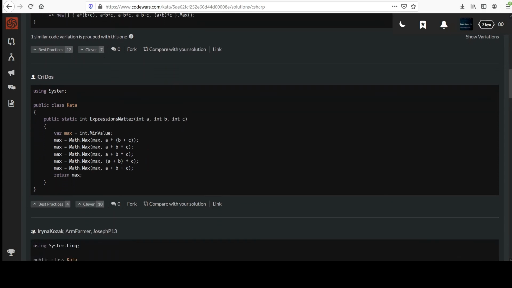Far max, mid value. So they're just updating one at a time, so they don't have to iterate over the collection. This was that math max function that I was telling you about that we could have used instead of the ternary operator. So they're just going through each possible permutation.